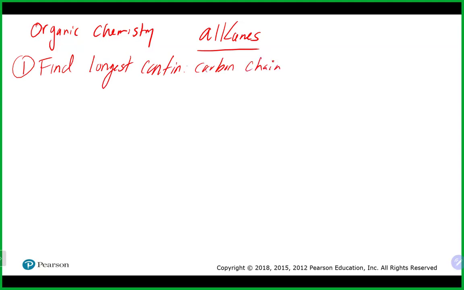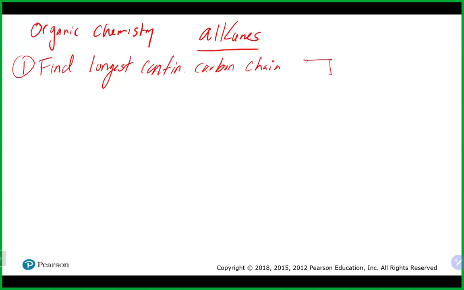Remember that you do want to check all your options, as it's not always going to necessarily be the straightest one. Again, it can go straight, go up, go over. When you're counting the longest carbon chain, the only thing you cannot do is backtrack. So you've got to go one way and then dead end it. And that will be hopefully whatever your largest one is.